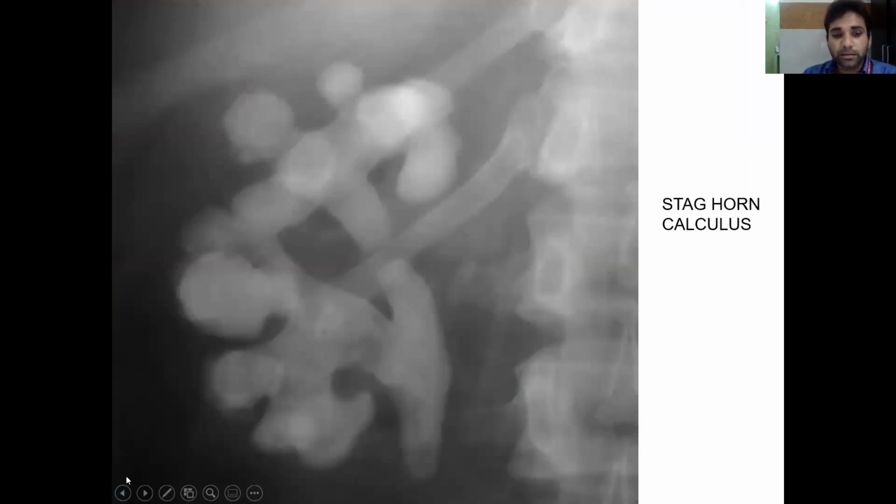Staghorn calculi are renal calculi that obtain the characteristic shape by forming a cast of the renal pelvis and calyces, thus resembling the horns of a stag. Also called Struvite calculus or triple phosphate calculi. They are seen most commonly in the setting of recurrent urinary tract infections due to urease producing bacteria.